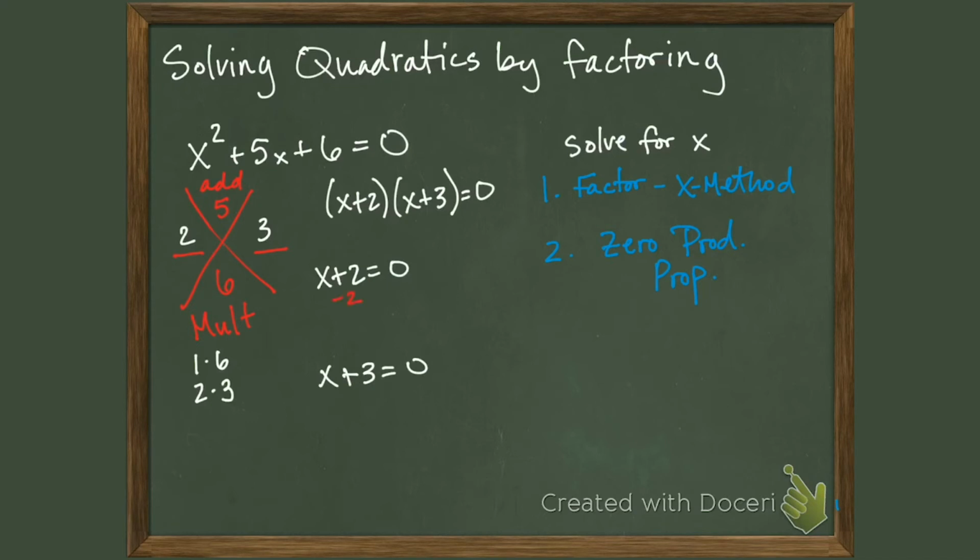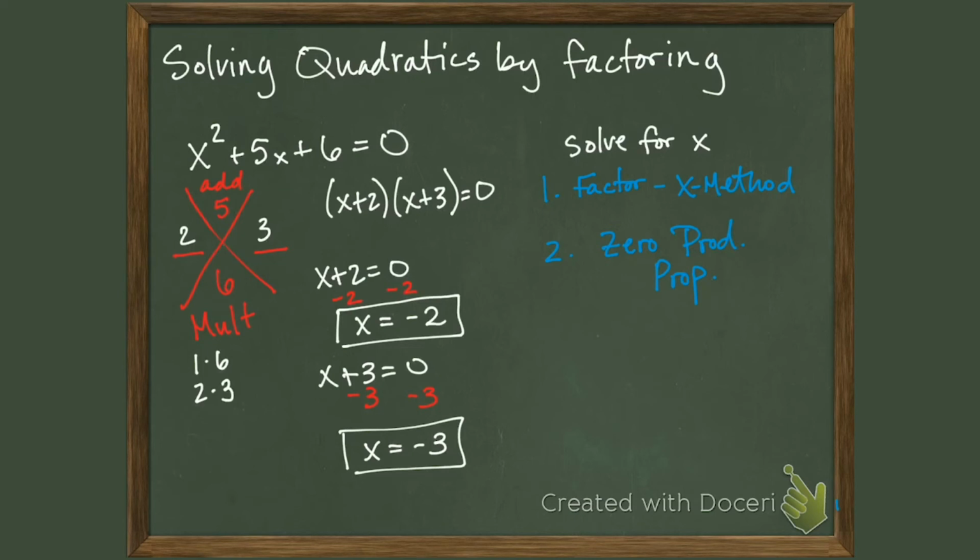Now I'm going to solve for x like we've always done. So subtract 2 for this one. 0 minus 2 is negative 2. That's an answer. And for this one, I'm going to subtract 3 because it's x plus 3. X is equal to negative 3. That's the other answer. They're going to ask you to put the smaller solution first and the larger solution second. So out of these 2 numbers, which one is the smallest?